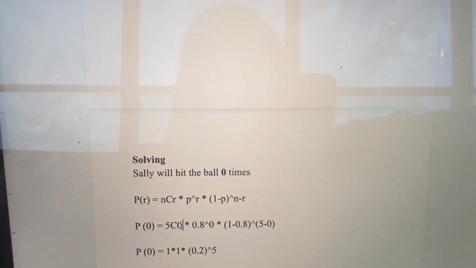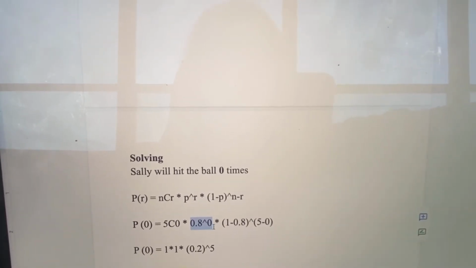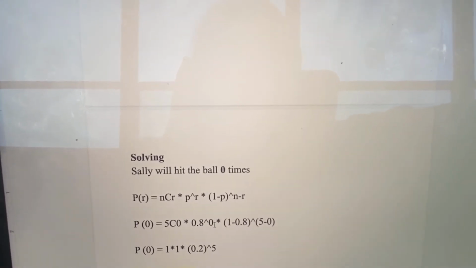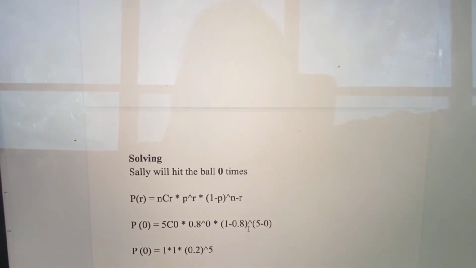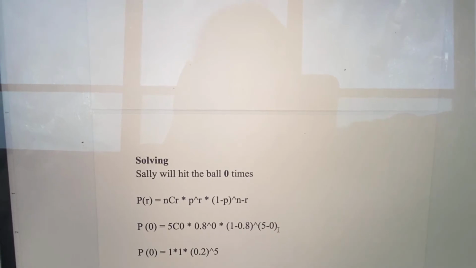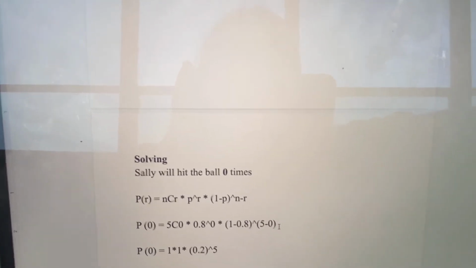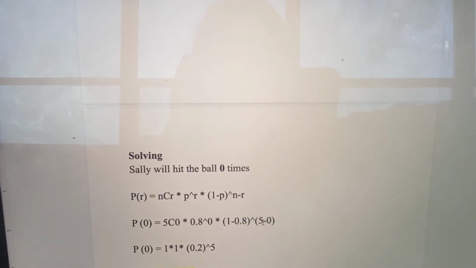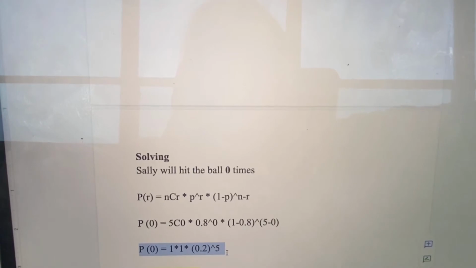So our successful amount of attempts is going to be 0. 0.8 to the power of 0 because, once again, she's going to miss all of them. She's going to have no successful attempts. And then we're going to do 1 minus 0.8 to the power of 5 minus 0 because she's going to miss the ball every time. So we need to find out what's the probability she'll miss it 5 times. Then you should end up with something like this.